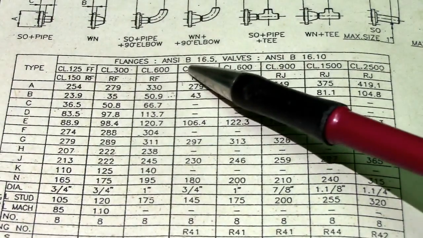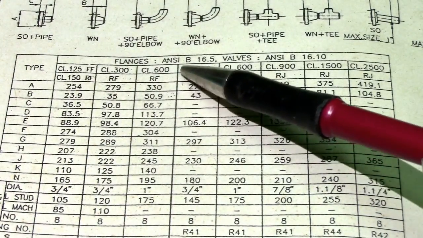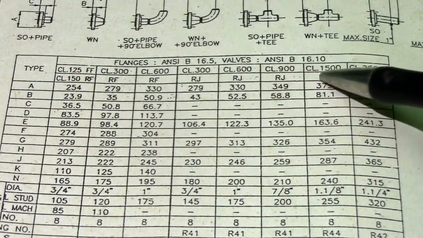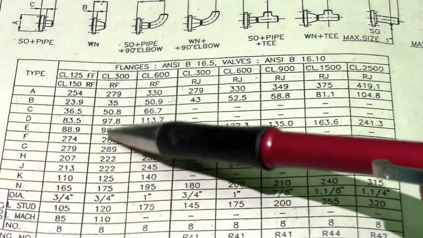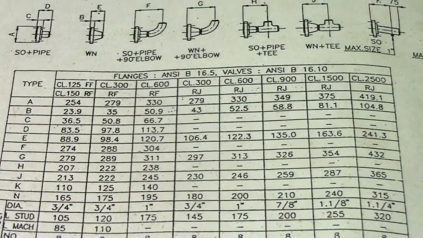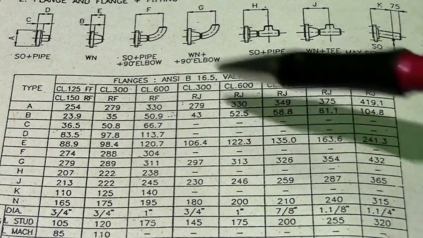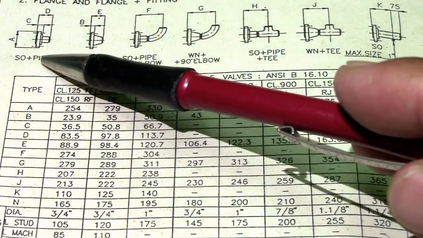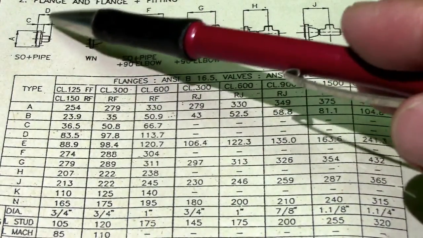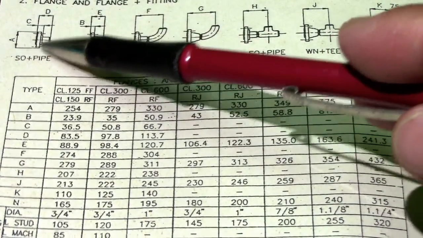So this is flange ANSI B16.5 and ANSI B16.10. So this is the dimension. Let's say for example we have SO plus pipe. So dimension A of this slip on flange.